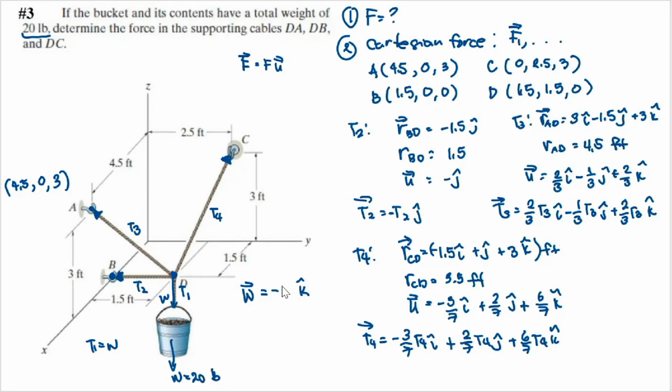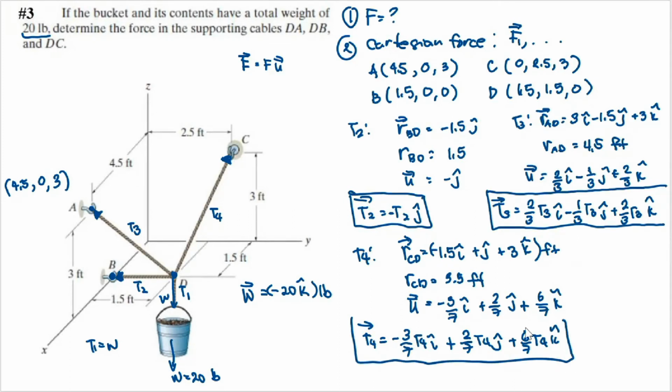So I will write here negative 20 k hat pound. So meron na tayong weight. So ang una nating Cartesian vector force: T2, T3, T4, and W.